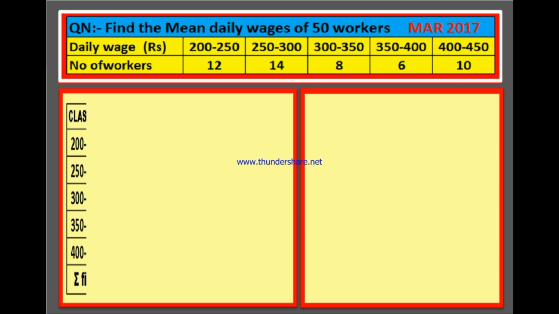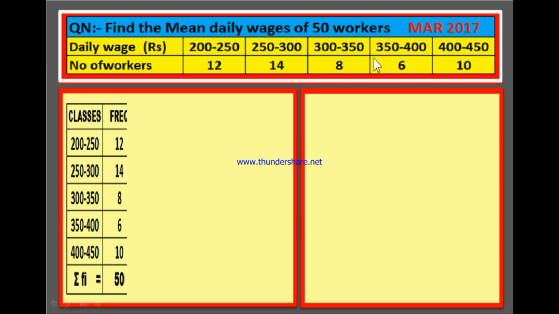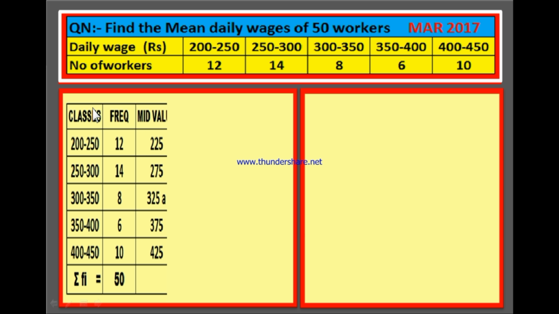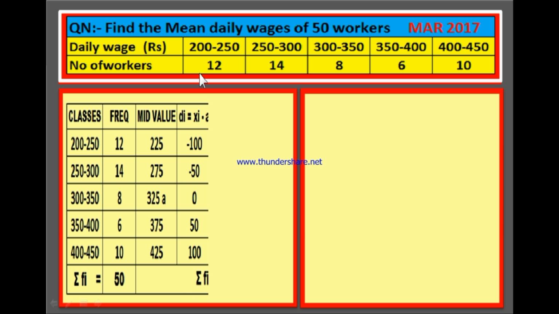Here we have the classes: 200 to 250, 250 to 300, 300 to 350, 350 to 400, and 400 to 450. We took the classes as the first column. The next column is for frequency. Frequency is nothing but the number of workers: 12, 14, 8, 6 and 10.